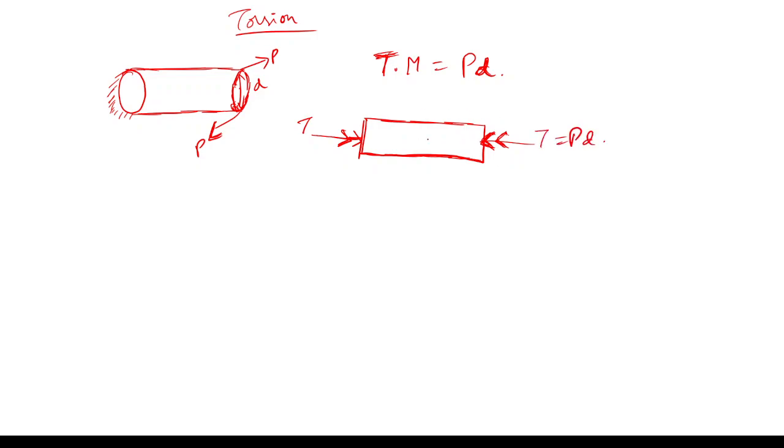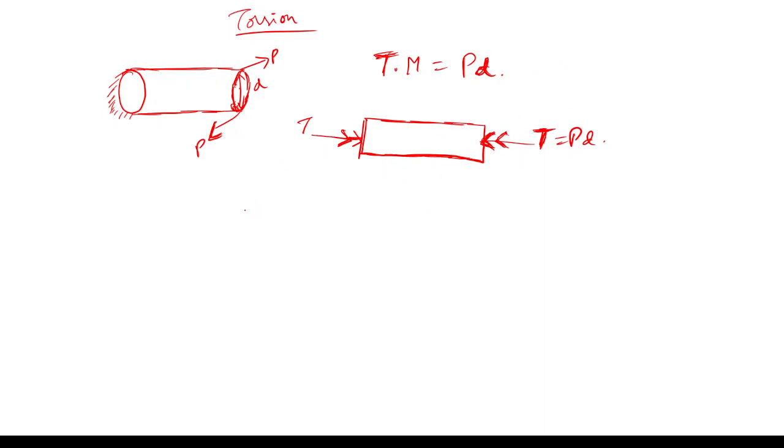For finding out the direction, we are using the right hand rule, whereas for sign convention, whether this twisting moment is positive or negative, pointing away from the cross section is taken as negative, and pointing towards the cross section is taken as positive.